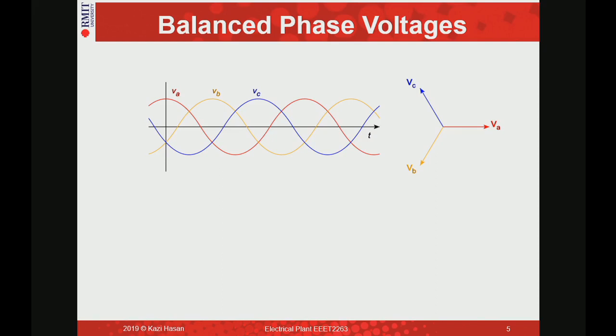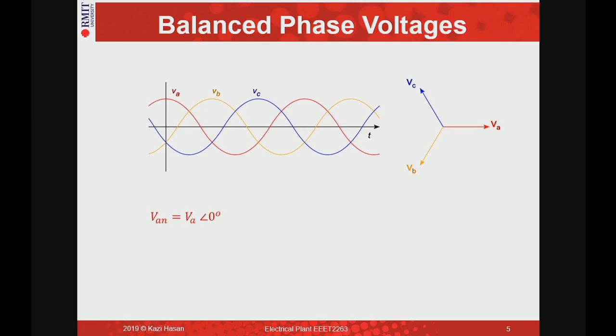And the phase difference between each of the phases is 120 in balanced systems. So if you think your phase A is the reference VA voltage, and phase B will be 120 degree lagging, so minus 120 degree, and that is minus 240 degree or plus 120 degree. So VA, VB, VC, three signals in three-phase systems.